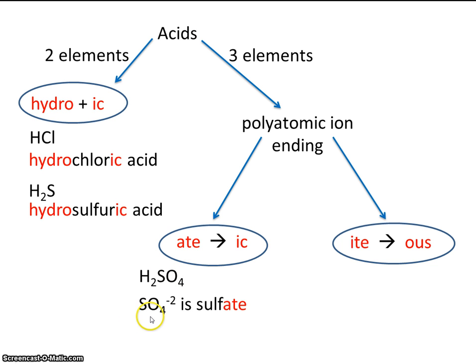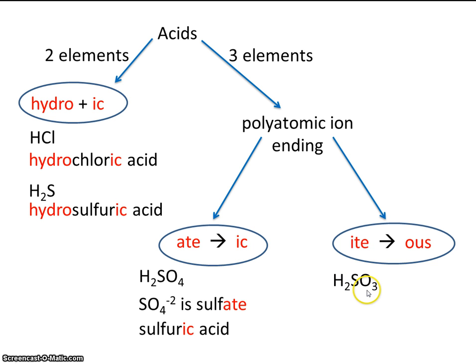So once again, SO4 minus 2 is called sulfate. And sulfate ends in ate. So what we're going to do is change ate to the ending ic. So now this acid, H2SO4, is called sulfuric acid. Not sulfate. This is sulfate. This is sulfuric acid. So change ate to ic.